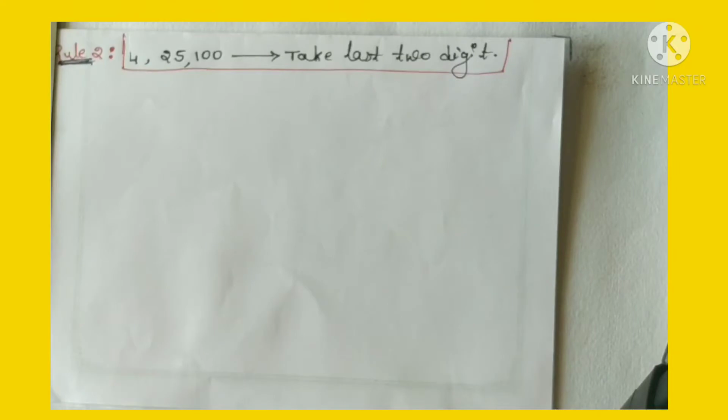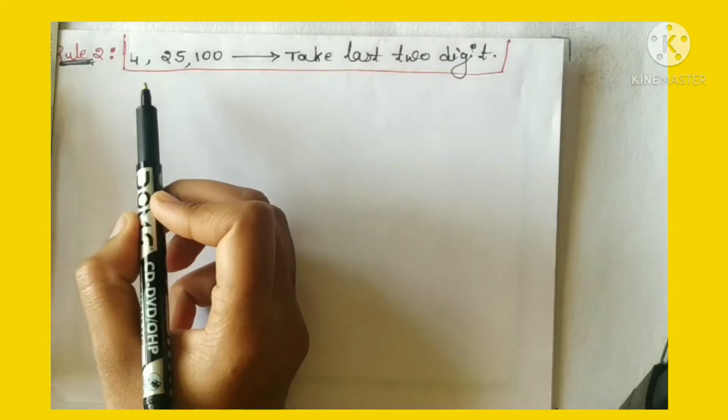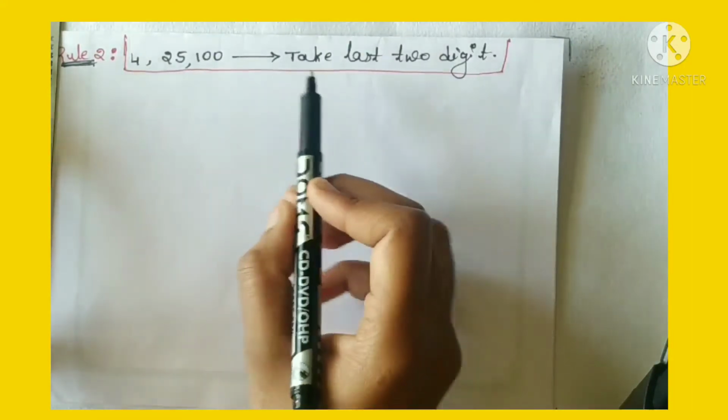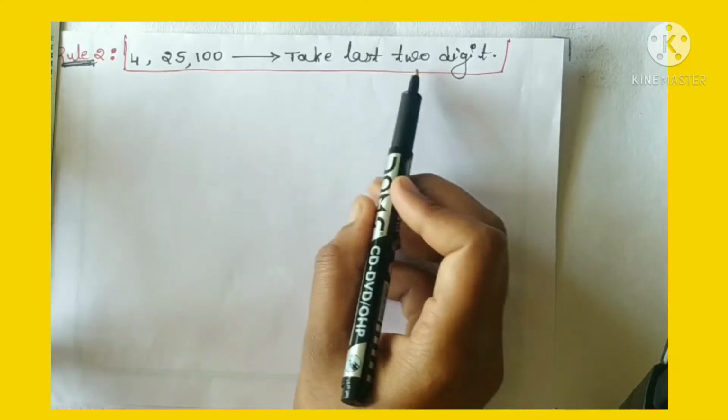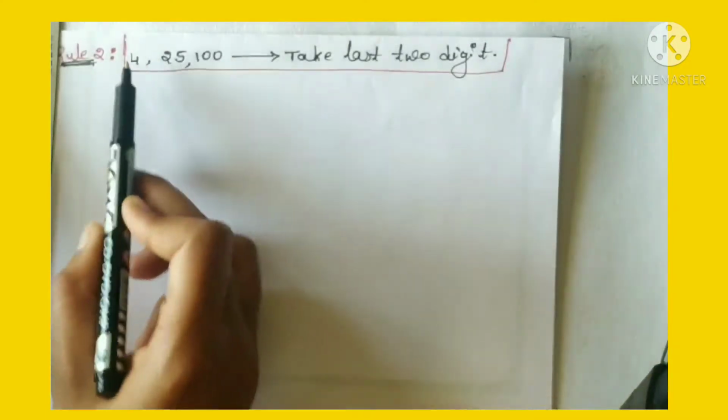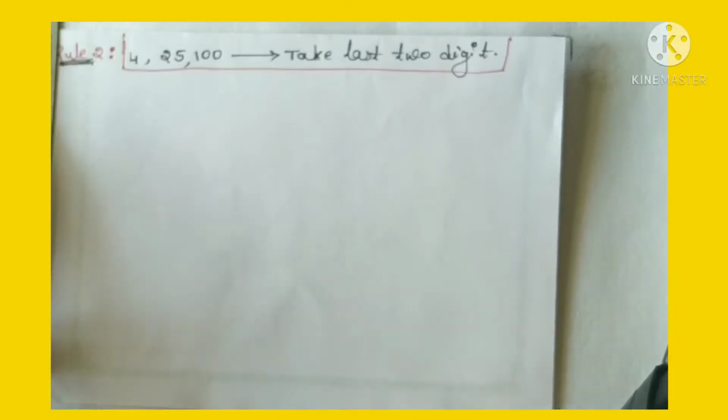Next we move on to rule number 2. What rule number 2 says is that for 4, 25, 100 we have to take the last 2 digits. This is rule number 2. We have to note this. Here also we follow the same steps as we did previously.